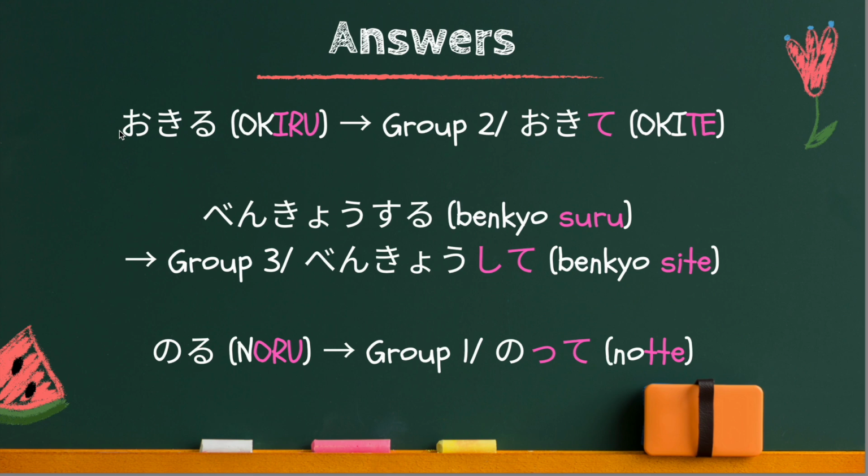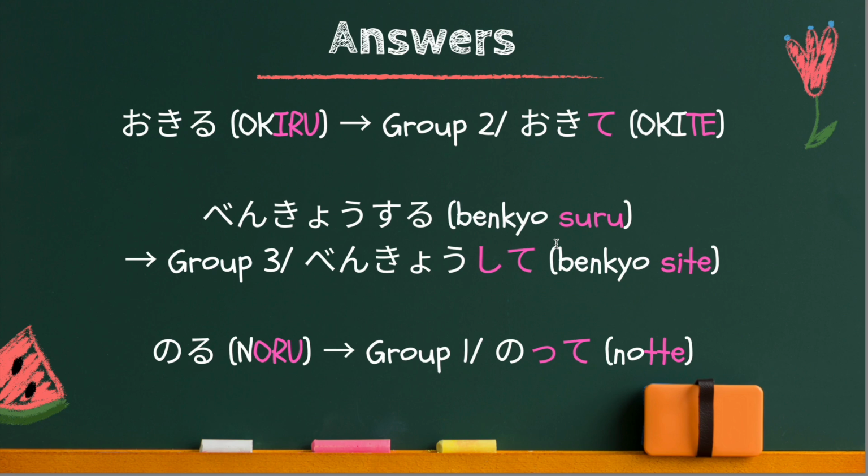Okiru means to wake up. Benkyou suru, this is suru ending. Therefore, it's group 3, irregular group. Suru becomes shite. Therefore, te form is benkyou shite.